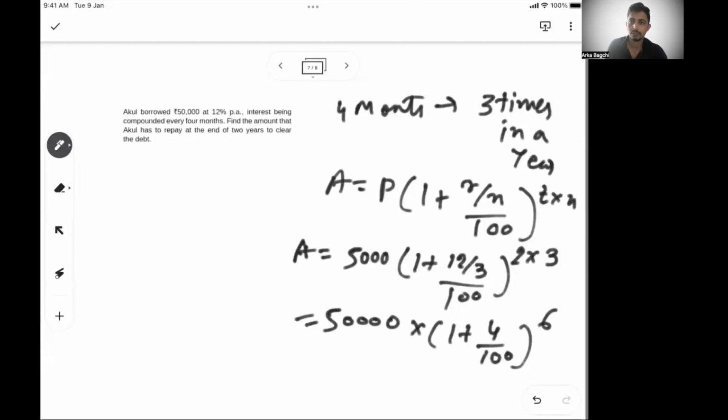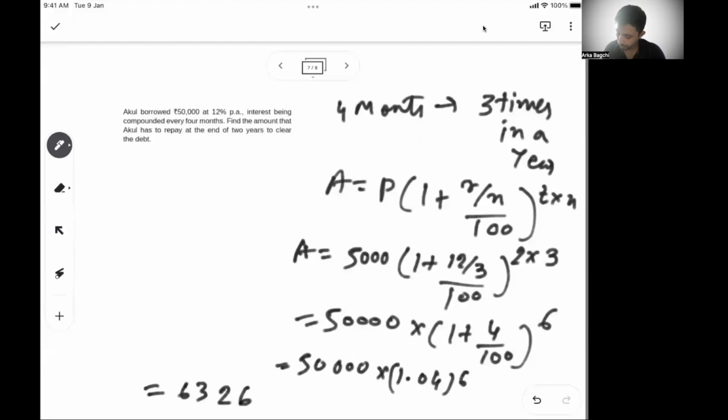Or you can get 50,000 into 1.04 whole to the power 6. You can calculate it. Later you will get the value as 63,265.9 or something like this. So you just need to calculate.